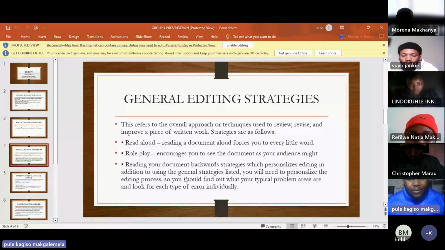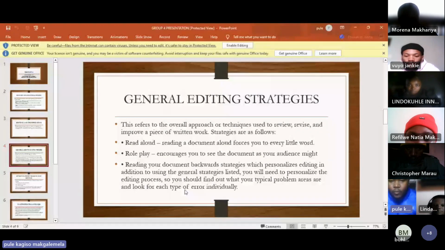When you read a document out loud, it forces you to notice every little error. Role play encourages you to see the document as your audience might.